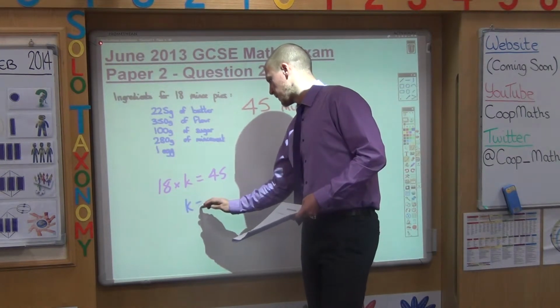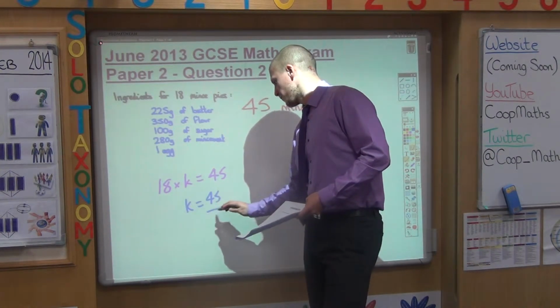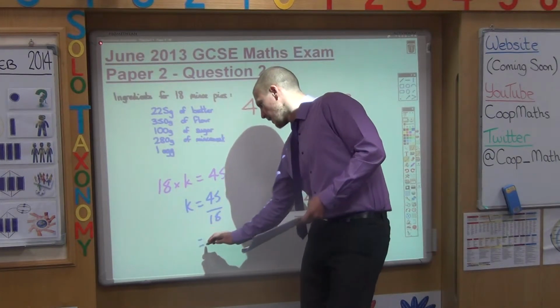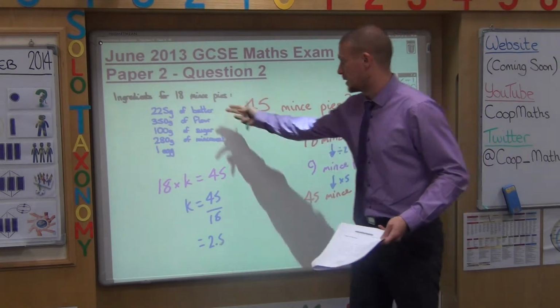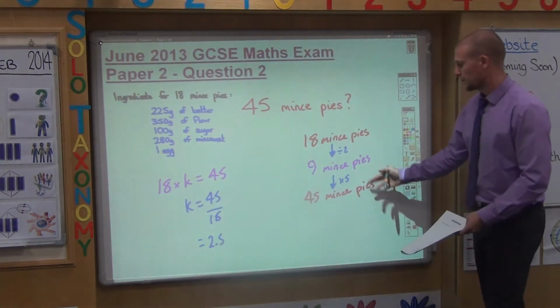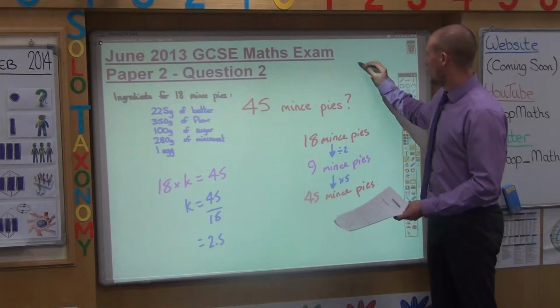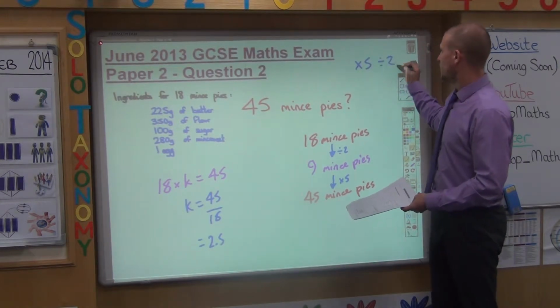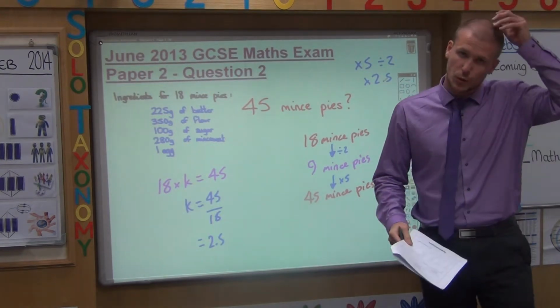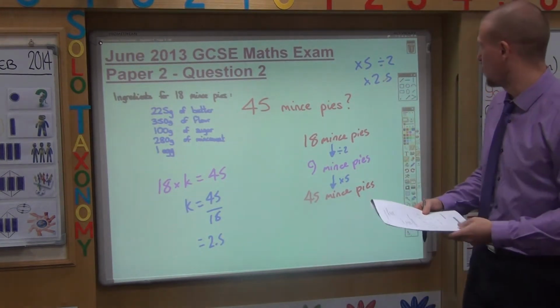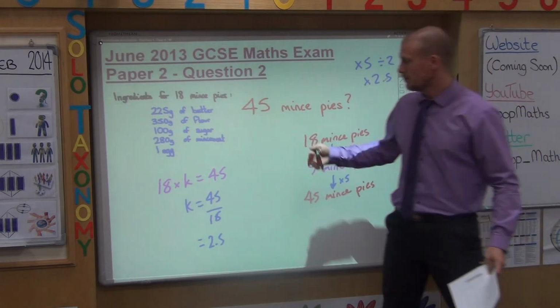If I divide both sides by 18 here, when I do that in my calculator, I actually get 2.5. Alright, so multiplying by 2.5 is why I need to do all these. Similarly here, if you divide by 2 times 5, or vice versa, that is the same as doing this. So that's two quick, completely different ways of figuring out what you need to multiply by to get your answer.